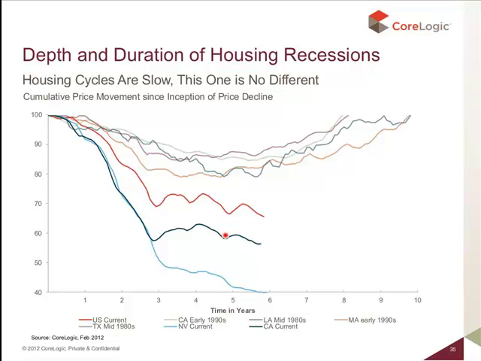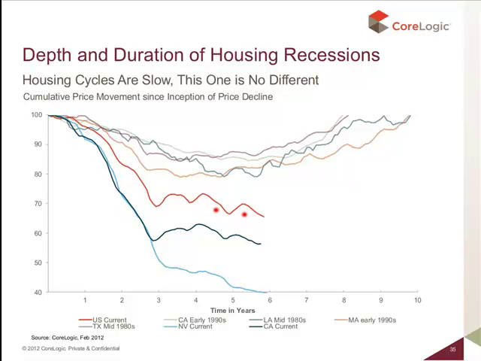They would all take roughly 4 to 5 years to trough out, and they would roughly take another 4 to 5 years to peak again, depending upon where you are, to get back to those peaks. So housing recessions have always had this profile of a very U-shaped and long cycle that would run anywhere from 8 to 10 years.